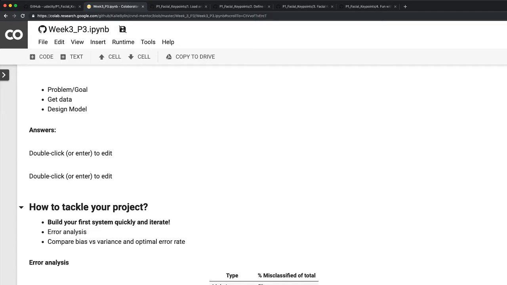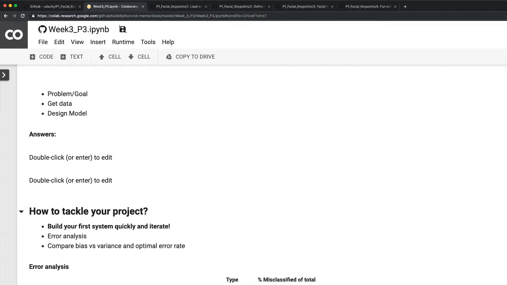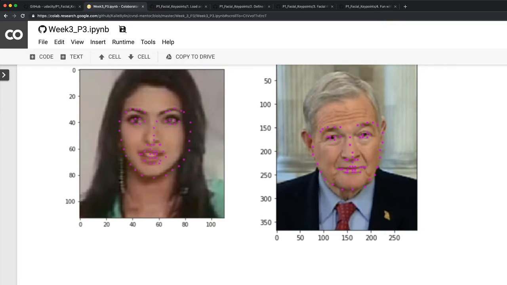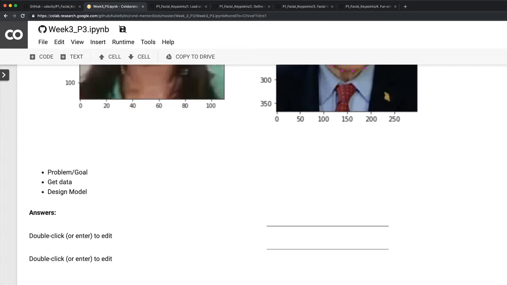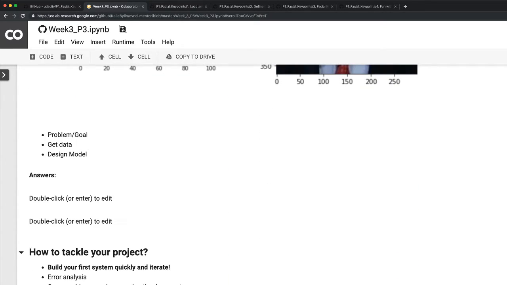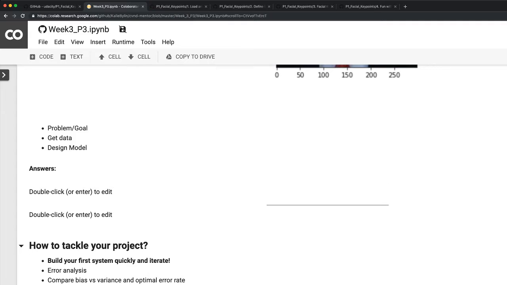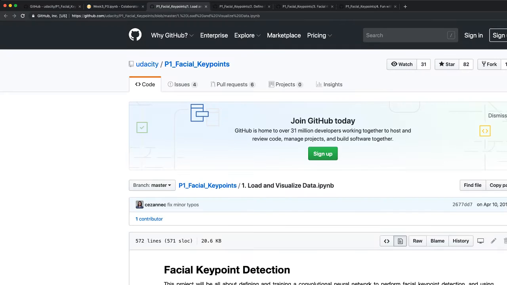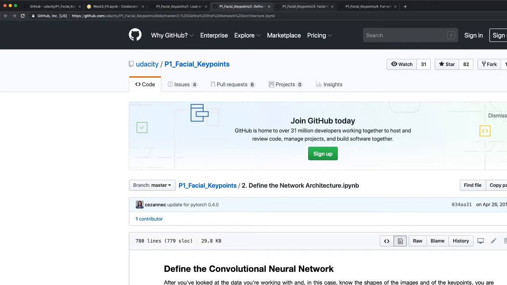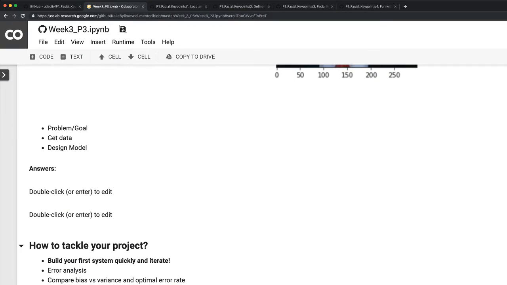Next question here is basically, how do you tackle your project? And I'll be focusing on this facial key point detector problem, but this is super general as well. I'm not showing you any of the code or the solutions. I have the notebooks open here, which we can go through in a few minutes.